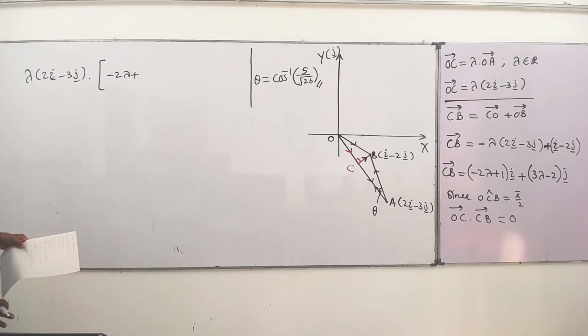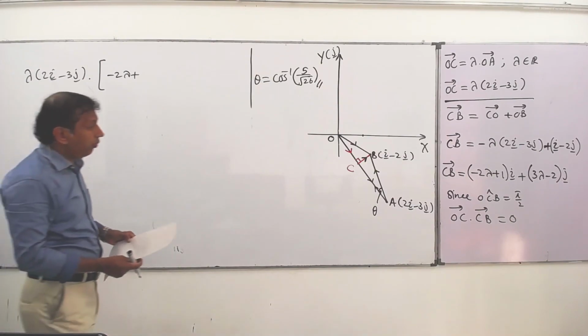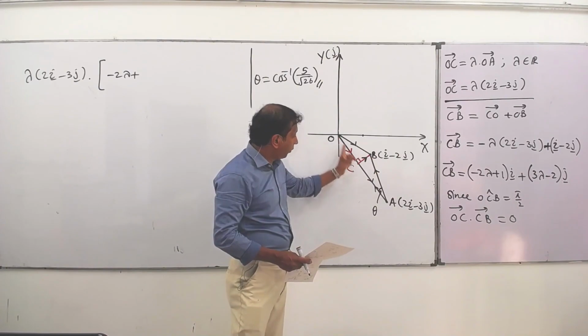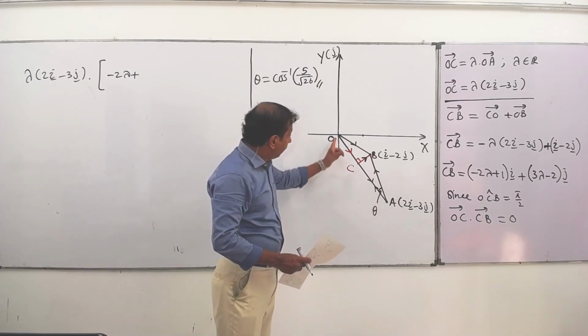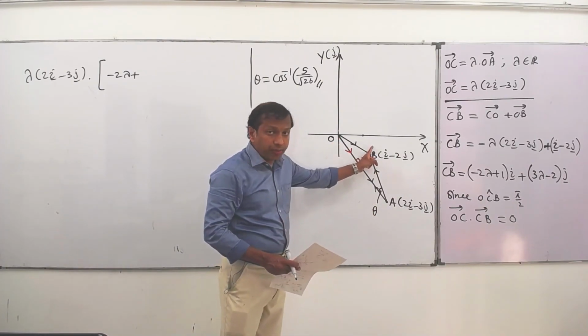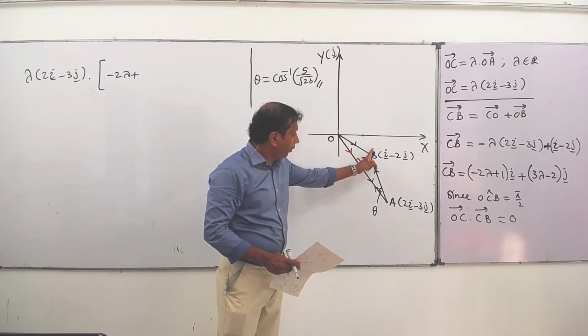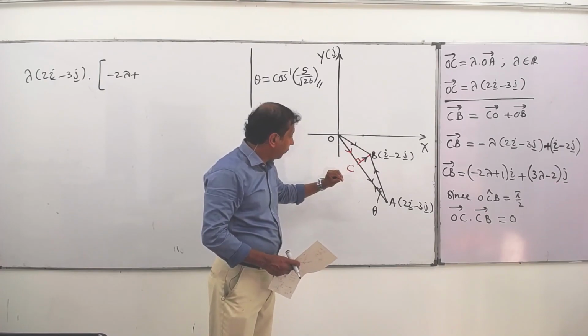People here, I think very easily I can take the answer. The CB vector we have, right, the CB vector is perpendicular to the OA, that's also correct, no? OC vector and CB are also perpendicular, OC and CB, this angle is 90, no?